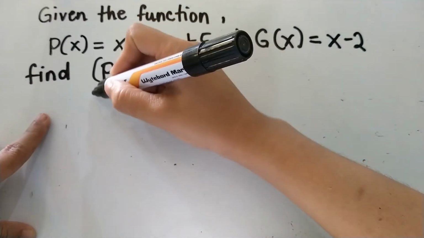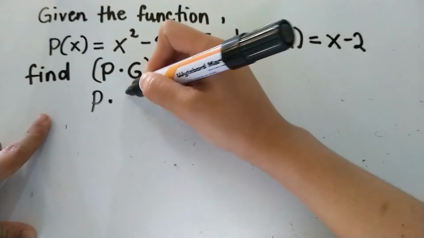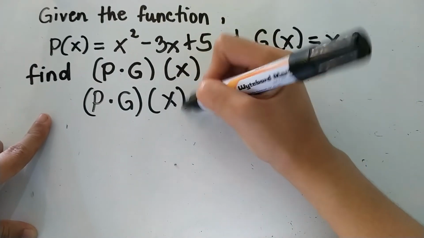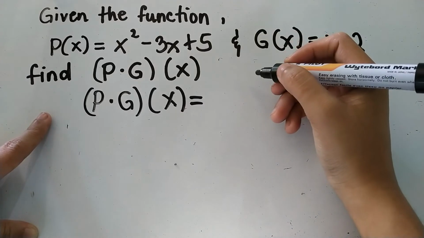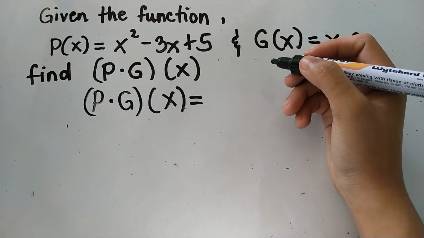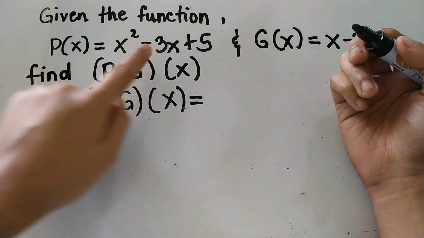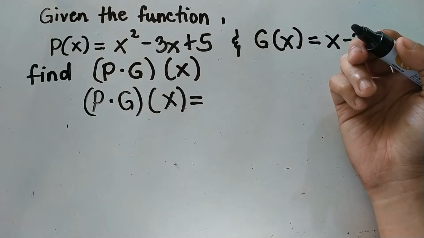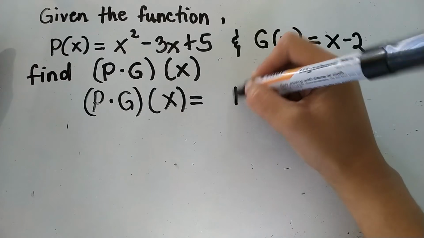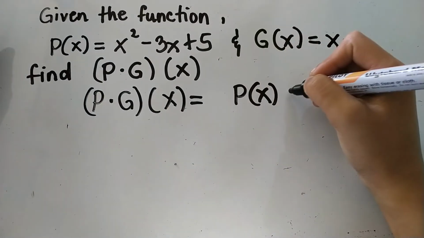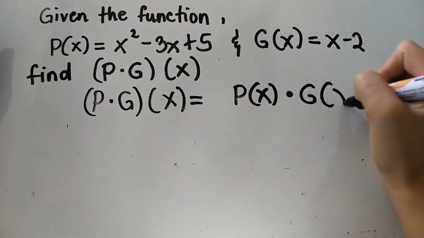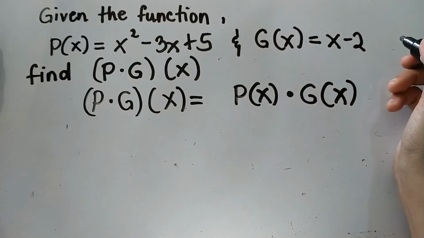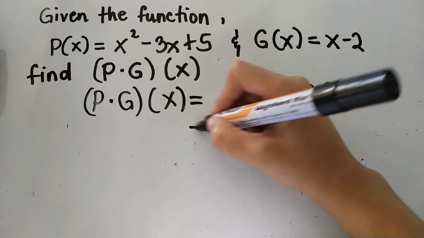So in order for us to solve this, simply copy p times g of x. Now, what's the meaning of p times g of x? Since it's multiplication, ang meaning niya is p of x times g of x. We will multiply these two functions.